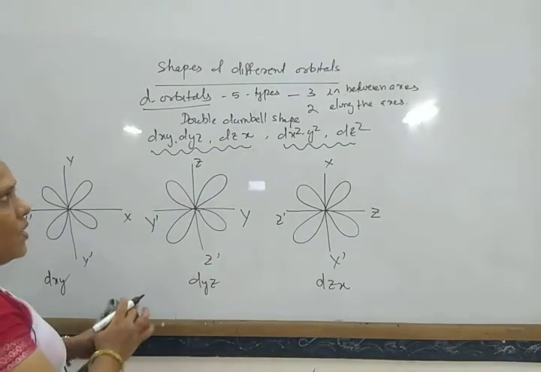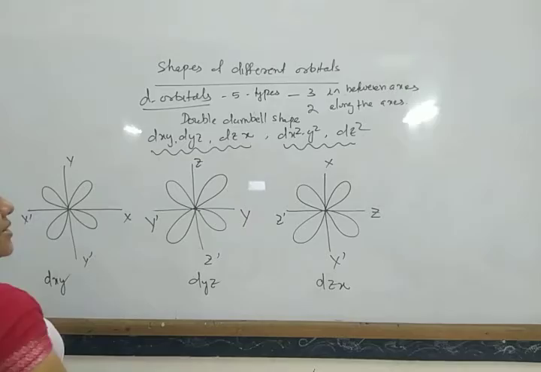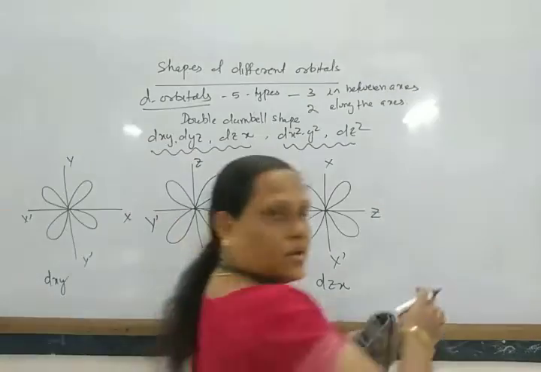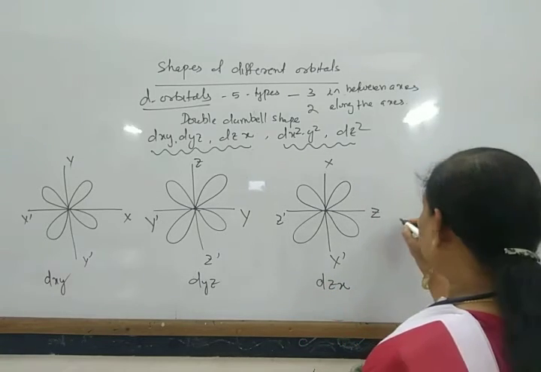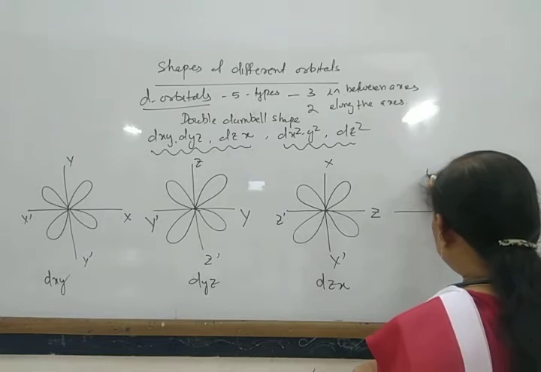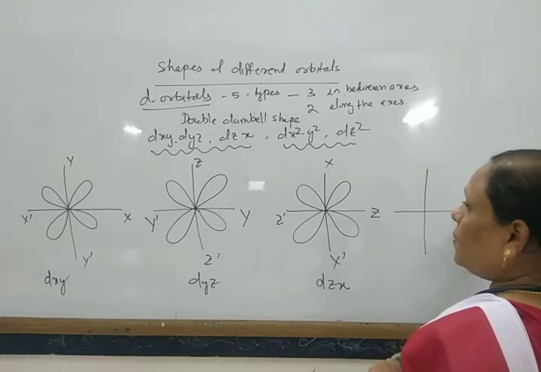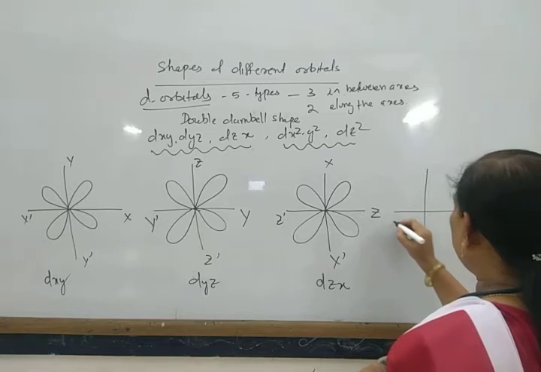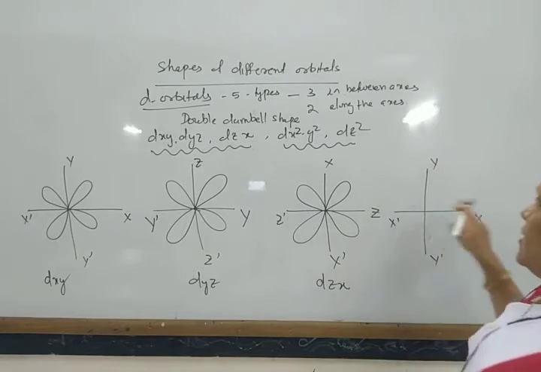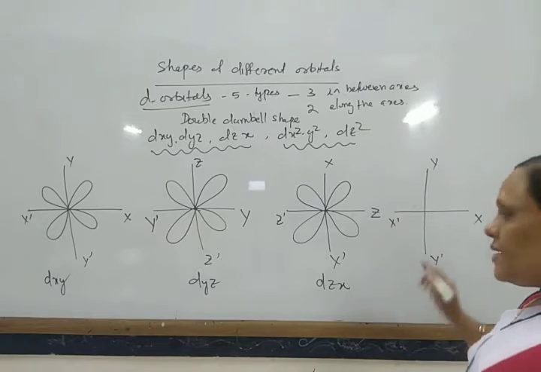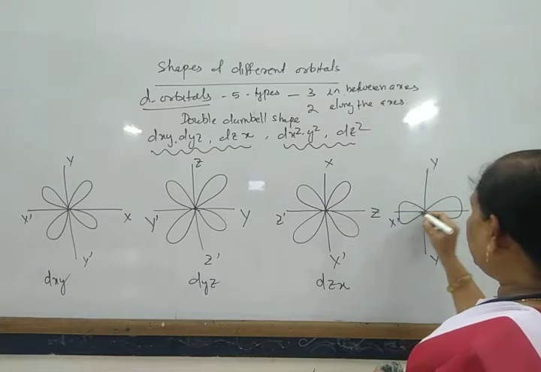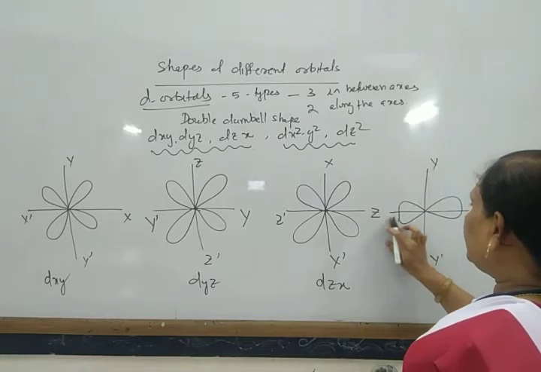And the other two orbitals are dx square minus y square and dz square. So I can draw here so that it is visible to you. This is again x o x dash, y o y dash. Here the orbitals remain along the axis.